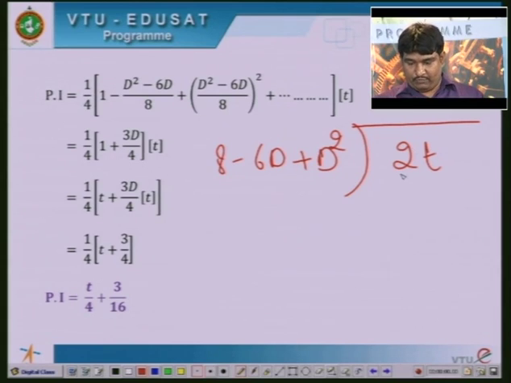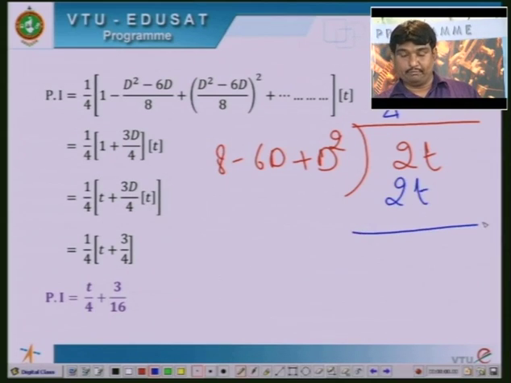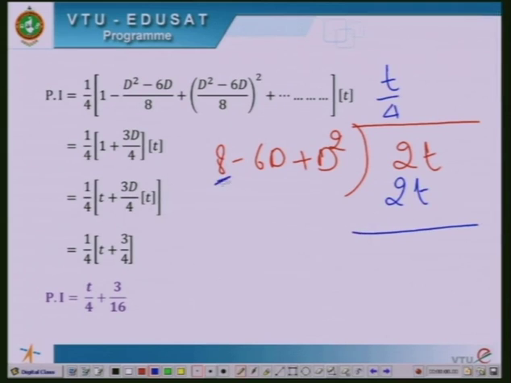I'll multiply 8 with 1 by 4 into t to get 2t. I need 2t to be multiplied, normal division technique. So if you multiply by t by 4, 8 times t by 4 is 2t. Then I have operated 8 on t by 4, you have to operate 6d also.